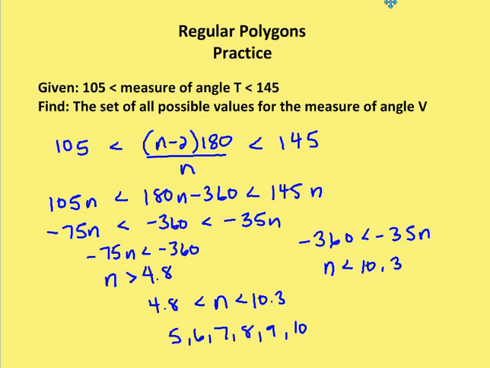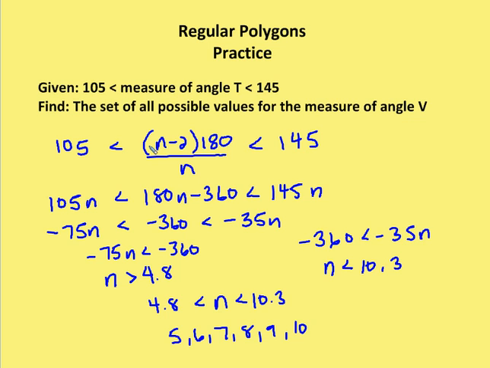So what polygons have interior angles between 105 and 145 degrees? The equation for an interior angle of a polygon is n minus 2 times 180 divided by n. So I create the inequality 105 is less than n minus 2 times 180 divided by n, the measure of an interior angle in a regular polygon, which is less than 145 degrees.